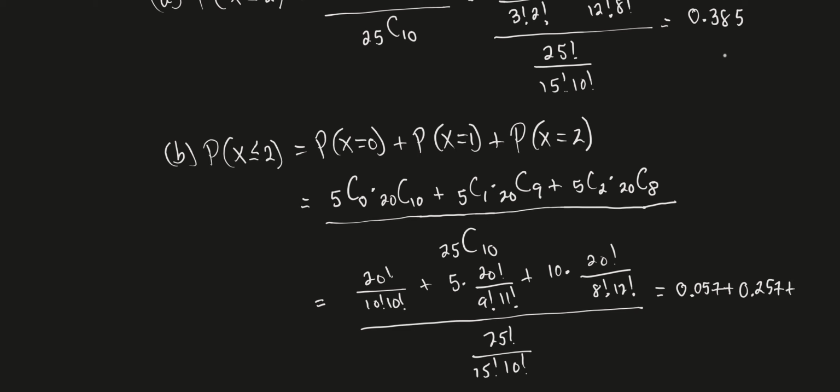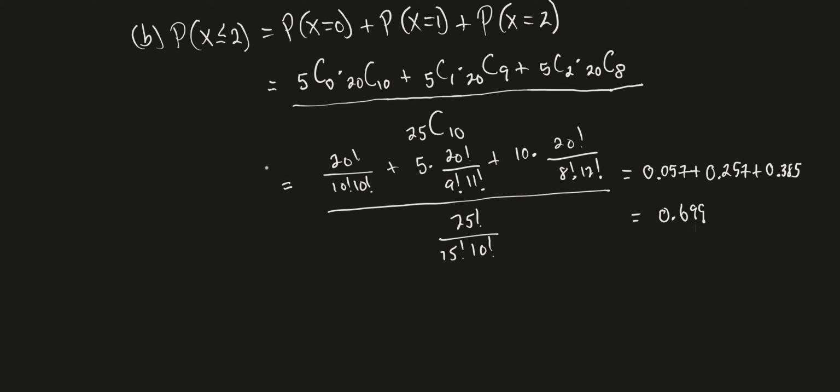And we computed this one earlier, the probability that x is equal to 2, that's 0.385. And then adding those all up, we get almost 70%, 0.699. That's the probability that we will observe at most 2 successes in our sample, right?